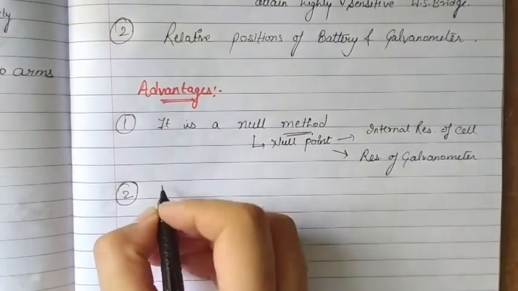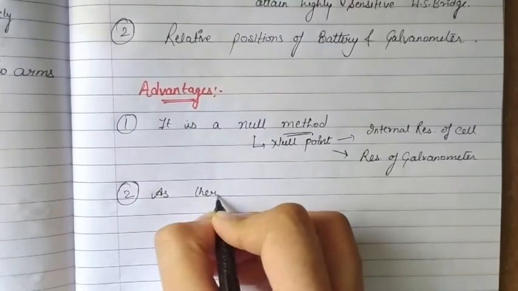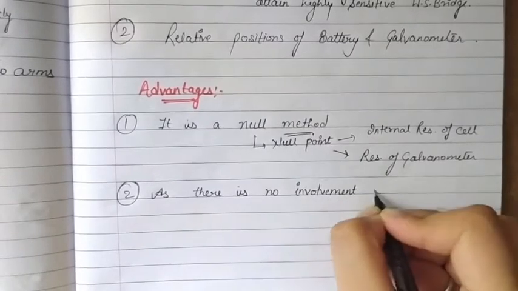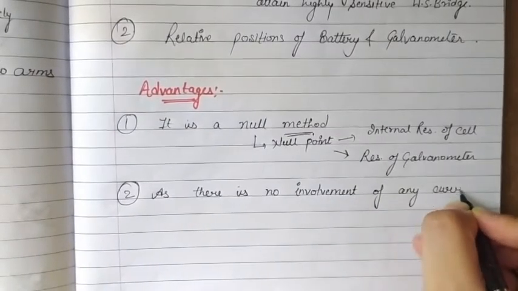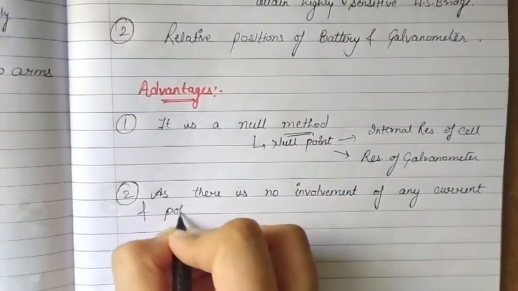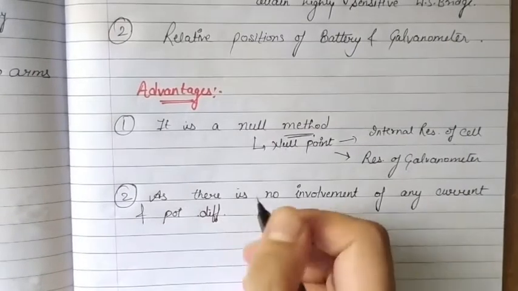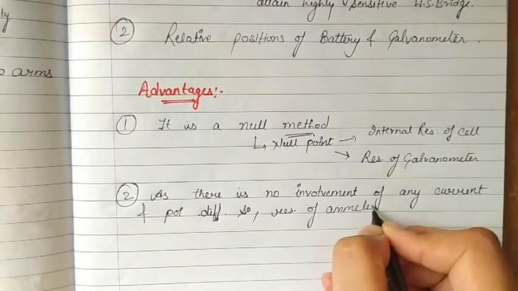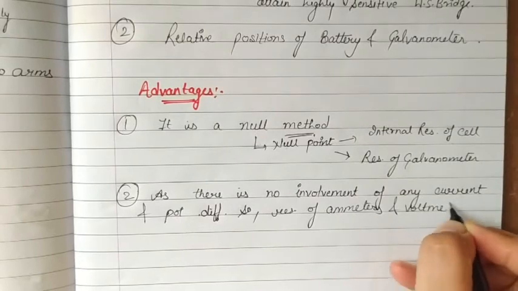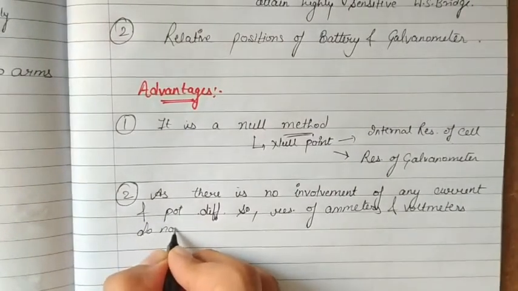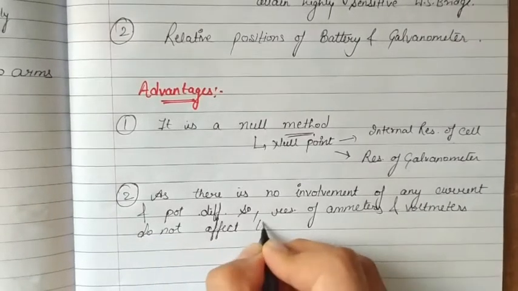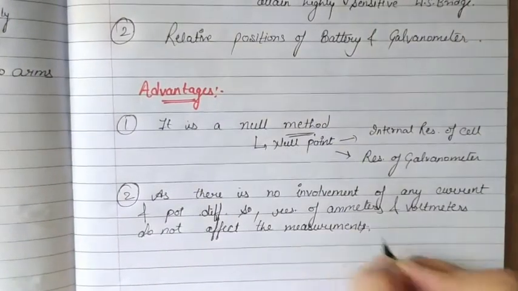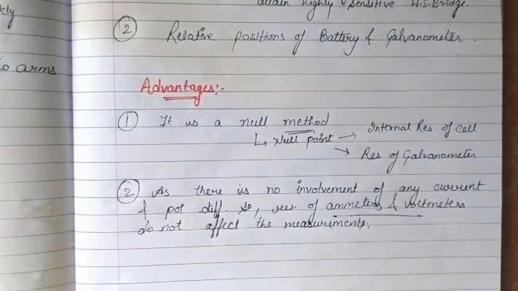Means the second advantage is, as there is no involvement of any current and potential difference, the resistance of ammeters and voltmeters does not affect the measurements.